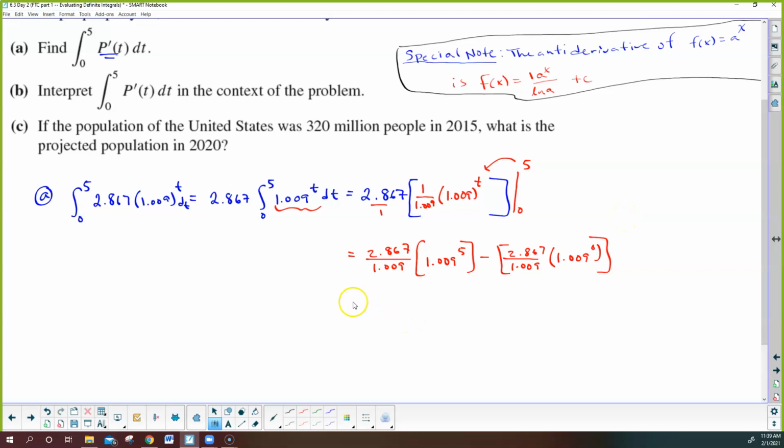Okay? And again, now it's all calculator based. Plug this into your calculator. We know that anything to the 0 power is 1. And then we can simplify each piece and we'll get our answer.